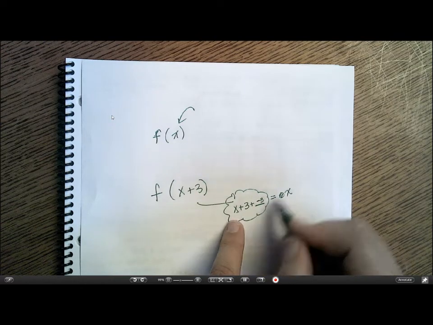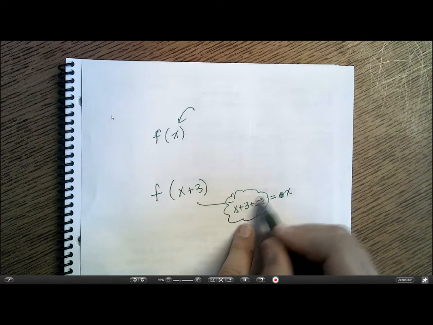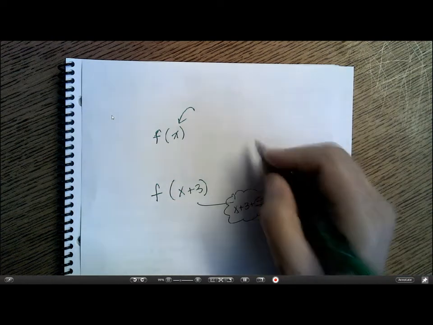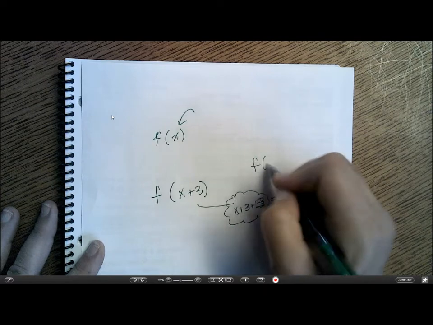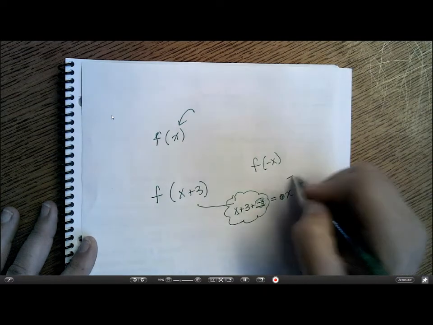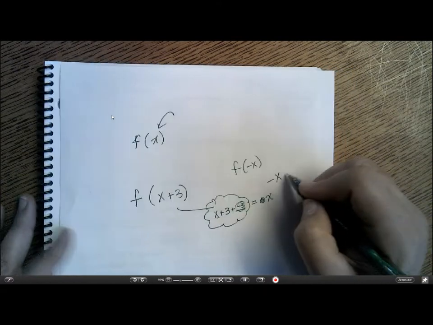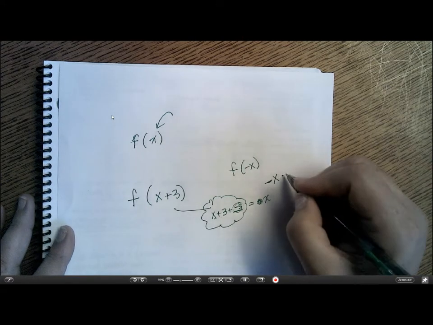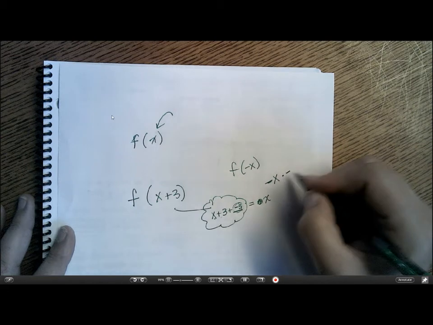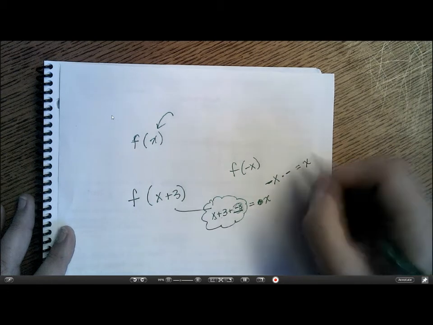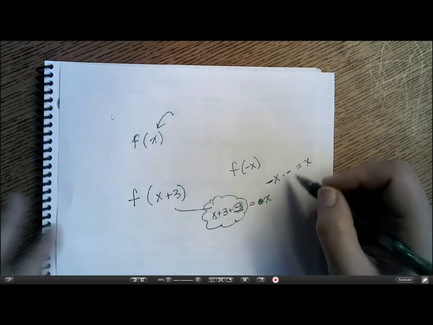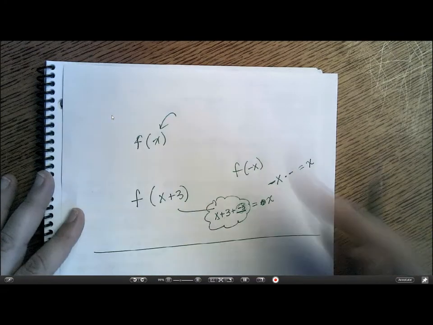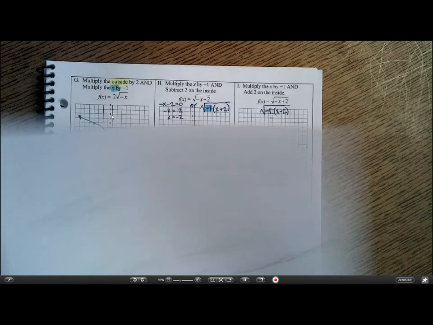We're trying to undo everything. So that means we would have negative 3, which is why we would be moving left 3. If I said f of negative x, what do I need to do in order to undo this negative? Well, I would need to multiply by a negative so that I could actually get back to a positive x. That's why the x values are going to be multiplied by a negative. We will get into that more as we go.